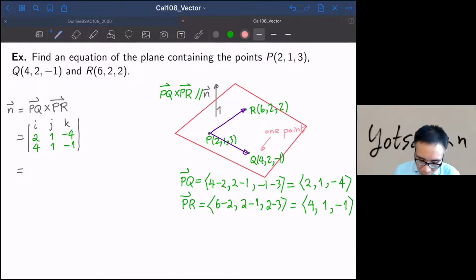So in this case, we're going to compute the cross product between these two vectors. Like I did before, it's going to be the i, j, k that we used to have.